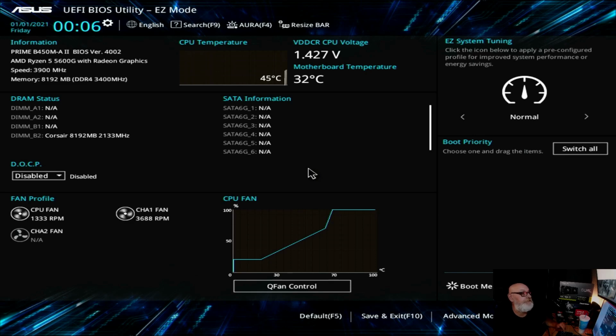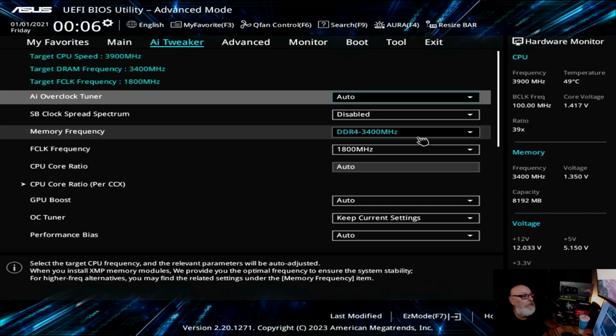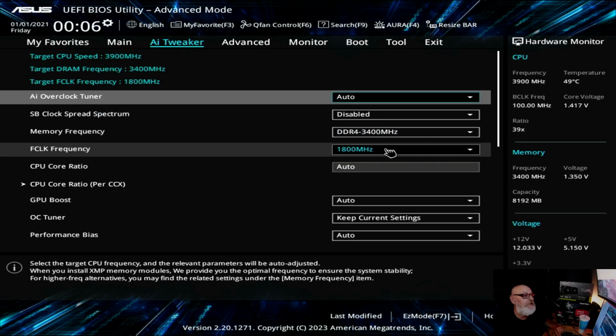So now I know I got my RAM set at 3400 megahertz. Hit the advanced mode again. We'll double check it and we'll go to AI Tweaker. We're at 3400 and 1800.